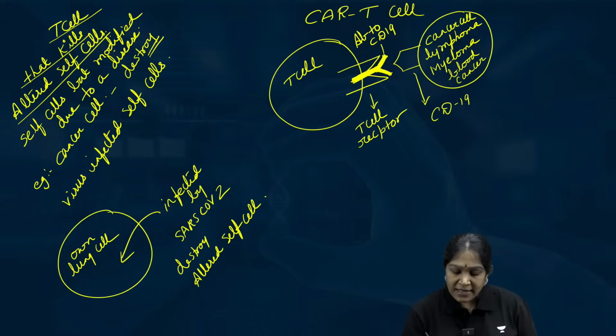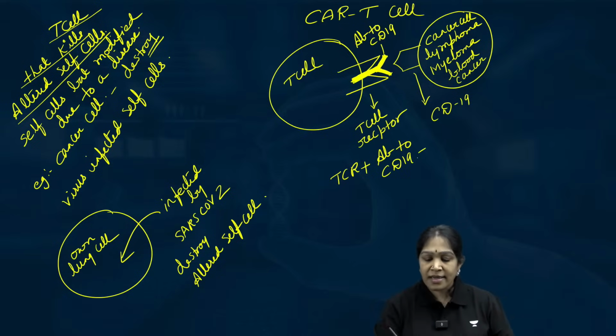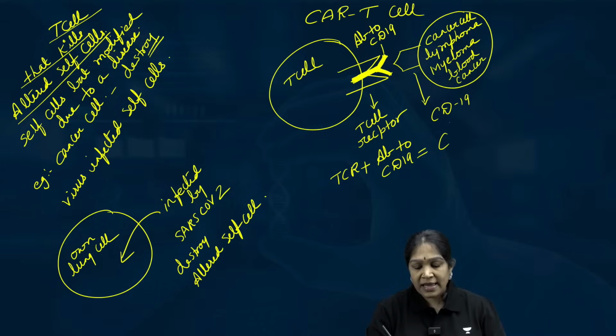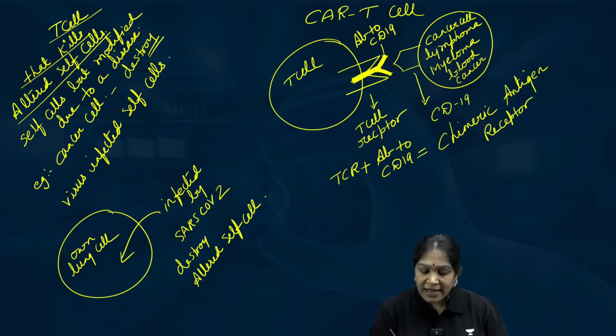Now, okay, the T cell receptor plus this antibody to CD19 together is called as chimeric antigen receptor. Okay, why this is called chimeric?